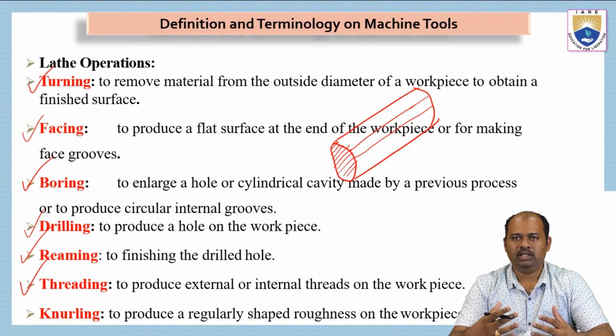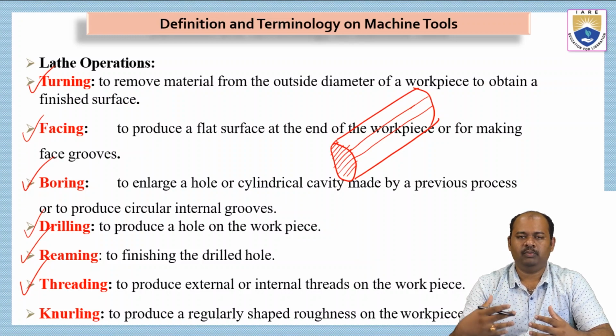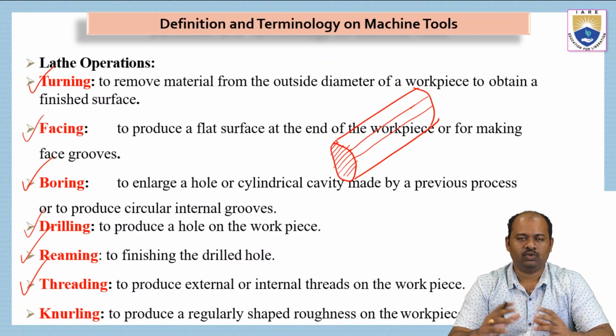External threads will be cut on the outer surface of the cylindrical rod, which is called a bolt, and internal threads will be cut on the nut. Both nut and bolt will be screwed together to form a strong joint which will assemble two mechanical elements.